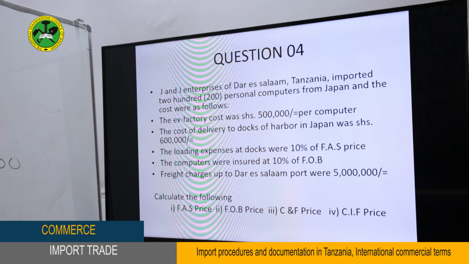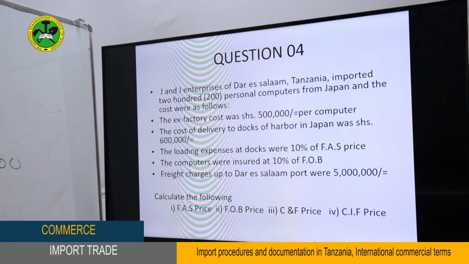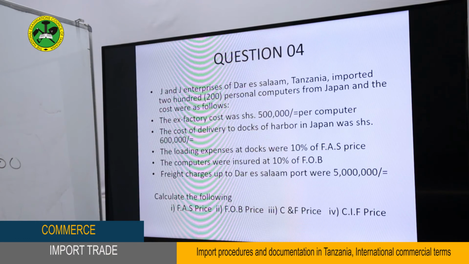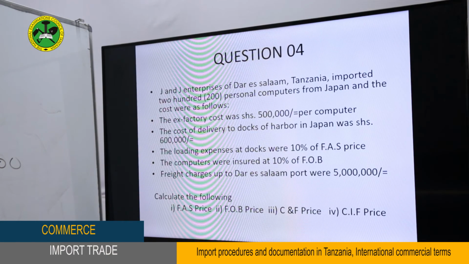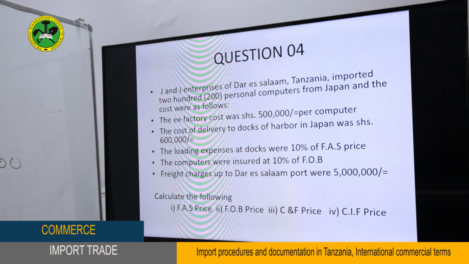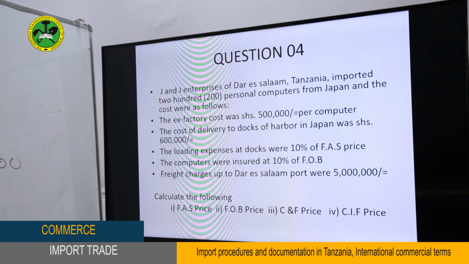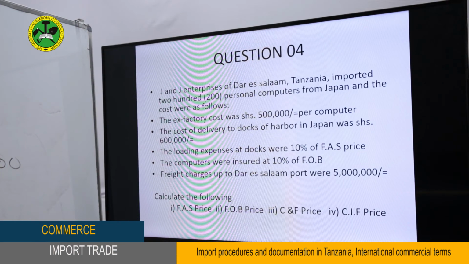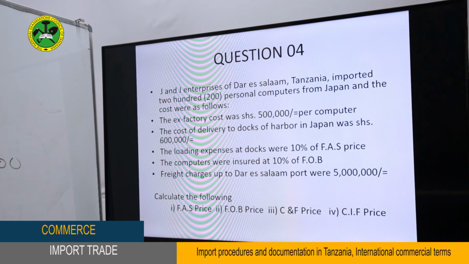Now the question is: J&J Enterprises of Dar es Salaam, Tanzania, imported 200 personal computers, and the costs were as follows. The ex-factory cost was 500,000 per computer. The cost of delivery to the docks of the harbor in Japan was 600,000, and the loading expenses at the docks were 10% of the FAS price.